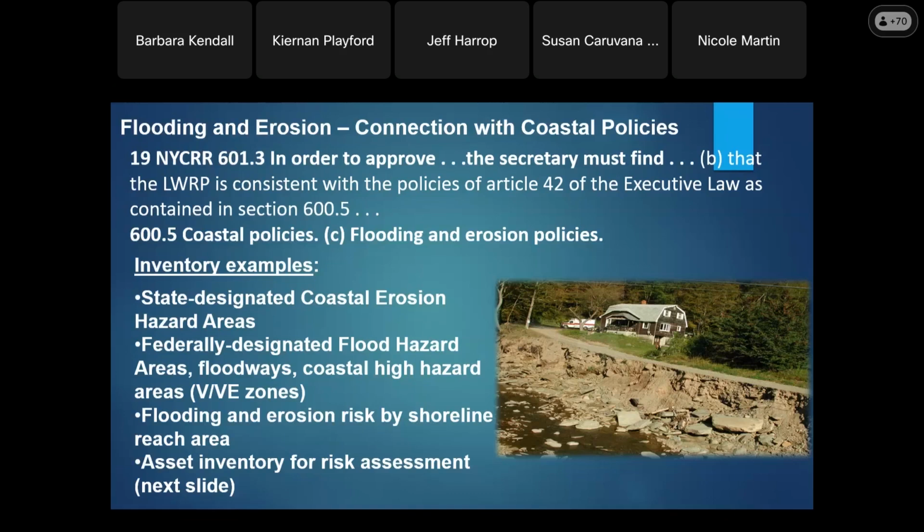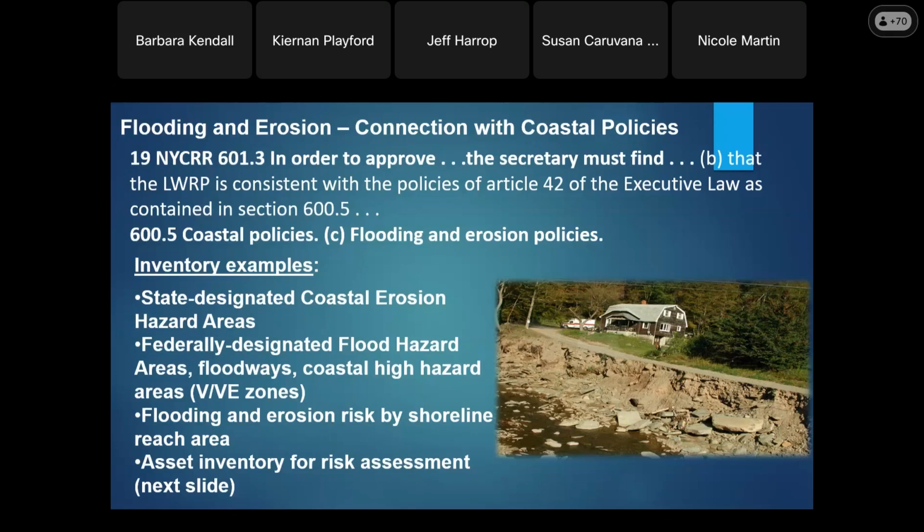The inventory should include state-designated coastal erosion hazard areas and maps, FEMA-designated flood hazard areas and maps, floodplain insurance studies, and associated floodway maps prepared by FEMA, which are available online at the FEMA mapping service. The DEC continues to update floodplain maps for various regions of the state in partnership with FEMA using cutting-edge geographic technology.